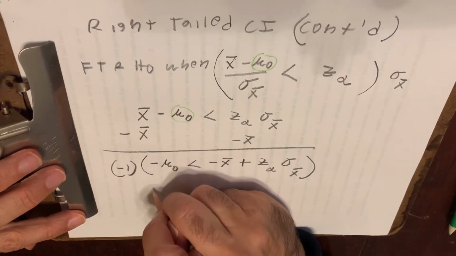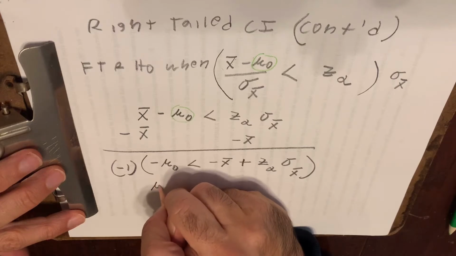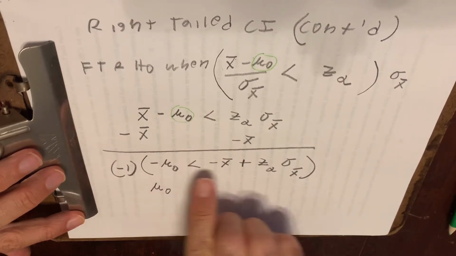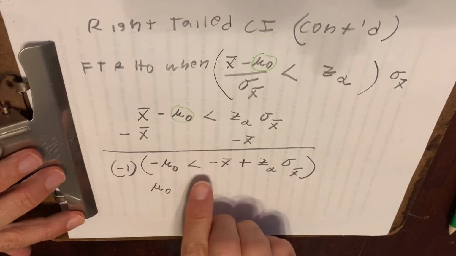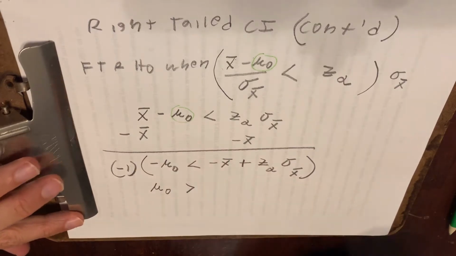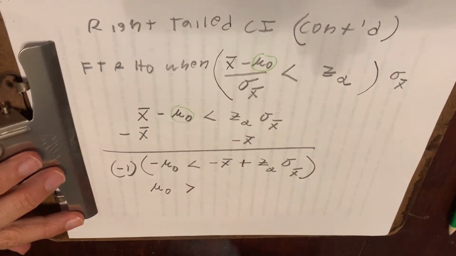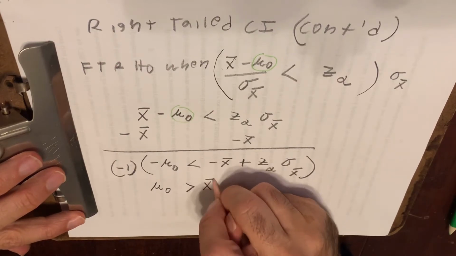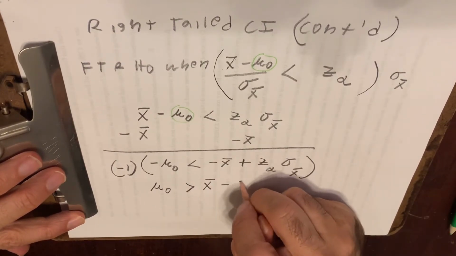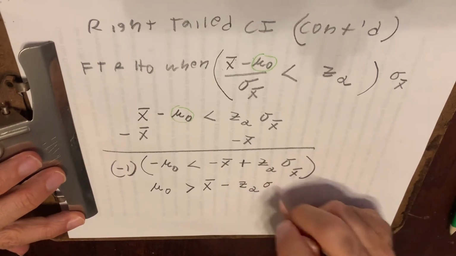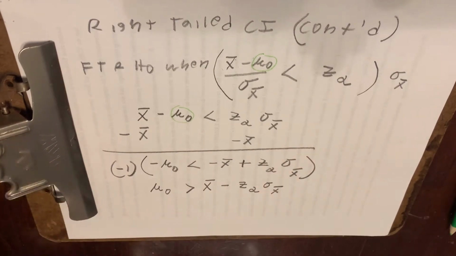Now don't forget, when you multiply both sides of an inequality by a negative number, you have to flip the sign. And this becomes positive x bar minus z sub alpha sigma sub x bar.